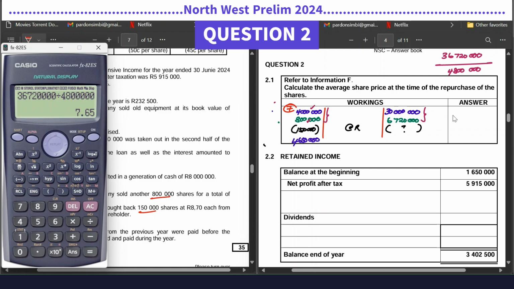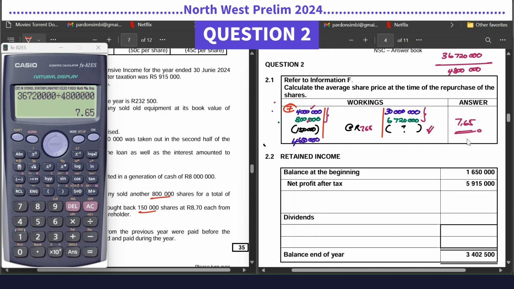That is all they wanted: to calculate that 7 Rand 65. Very important: the examiner was trying to say open note 7, but in a different way. So the examiner can still make you open an ordinary share capital note, but in a different way.